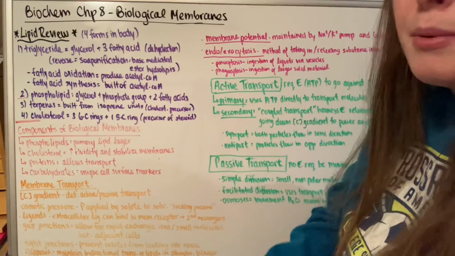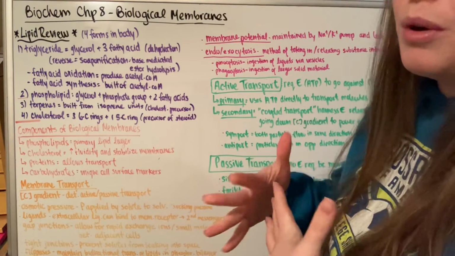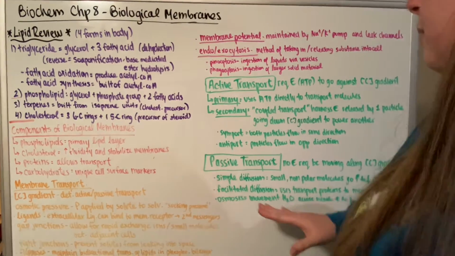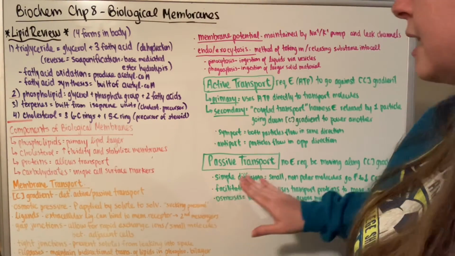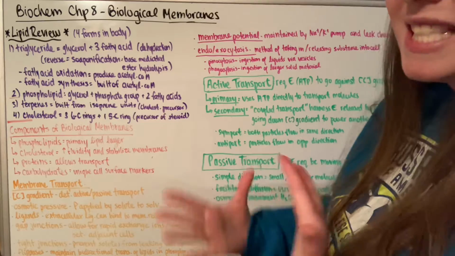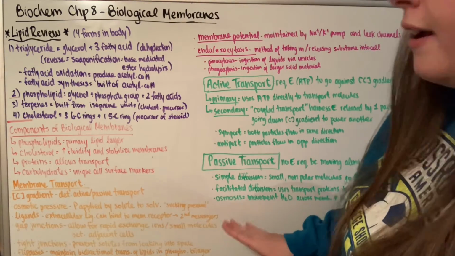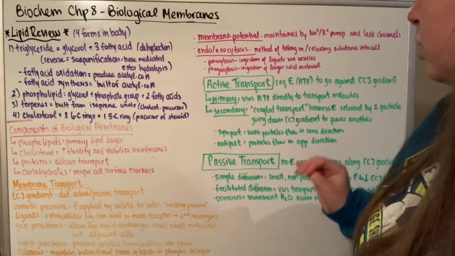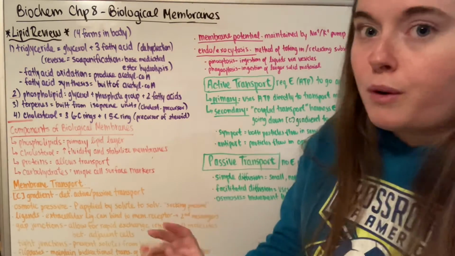Even if it is able to go with its concentration gradient, it might not physically be able to go through, even if it wants to, which is why you need some protein transporters for that. And so that is called facilitated diffusion, because that transport needs to be facilitated by a transport protein. And then finally we have osmosis, which is the movement of H2O across a membrane from high to low concentration.